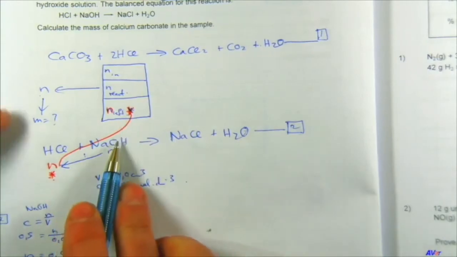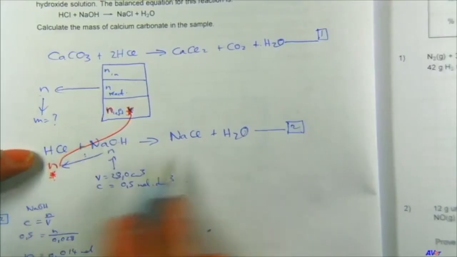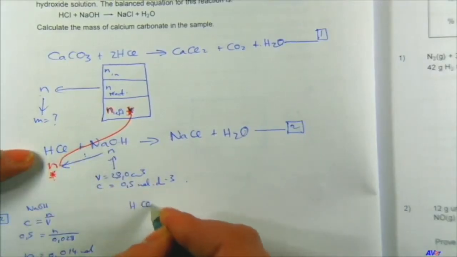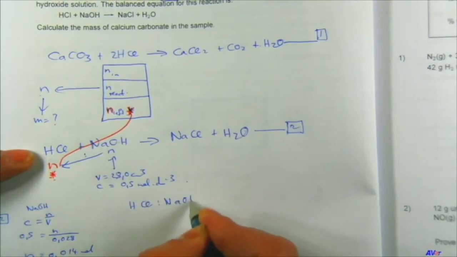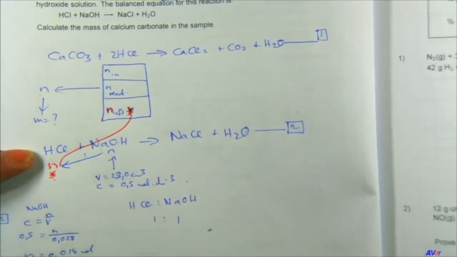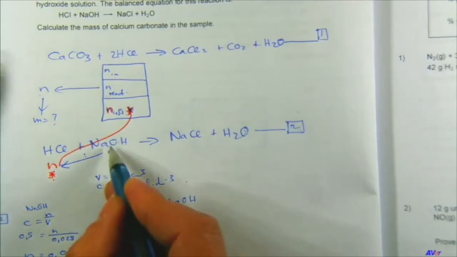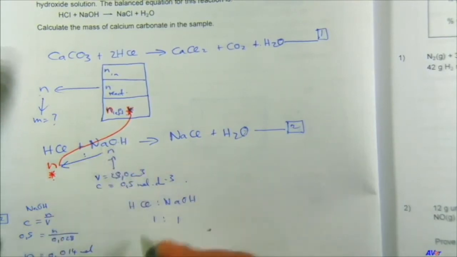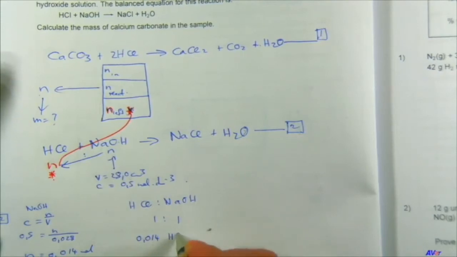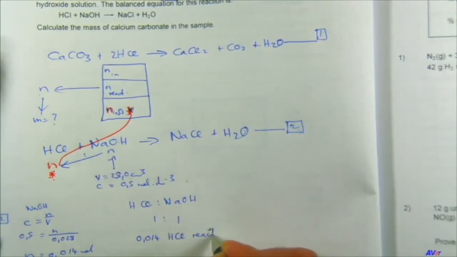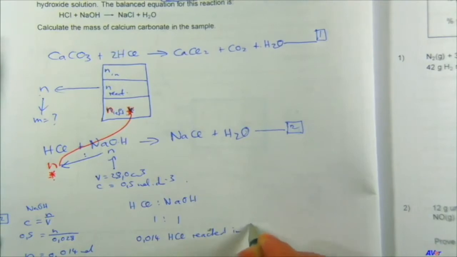But I know in the second reaction, the HCl and NaOH react 1 to 1. So if 0.014 of that reacted, it tells me 0.014 HCl reacted in the second one.